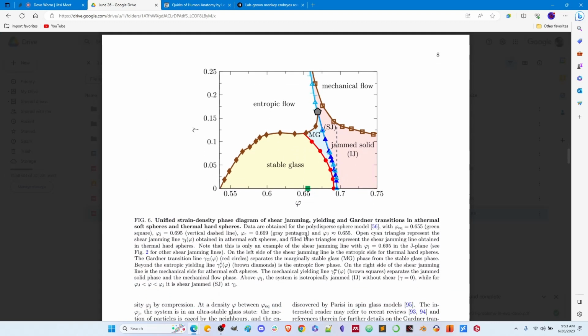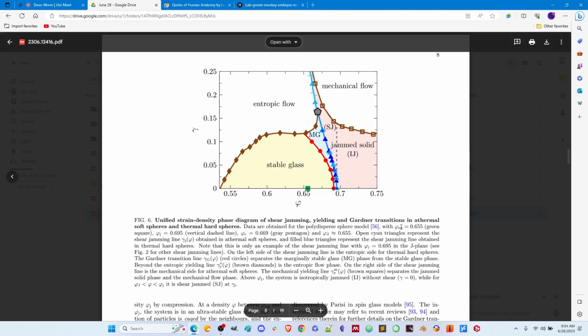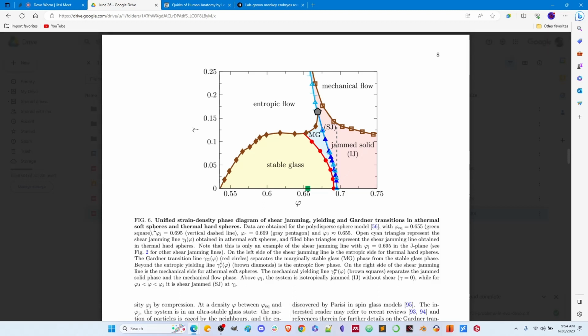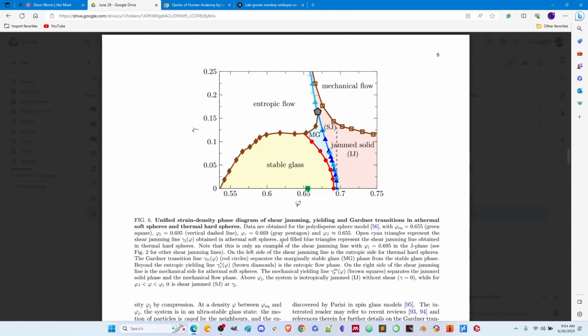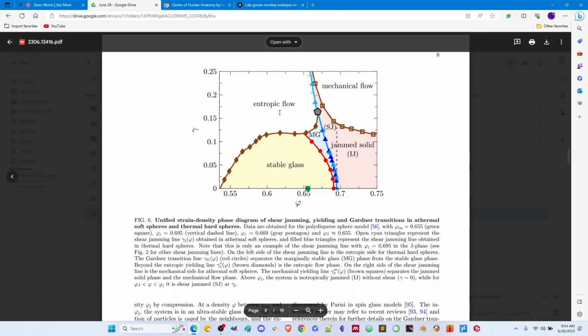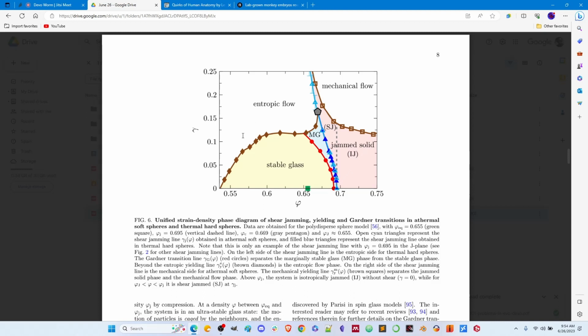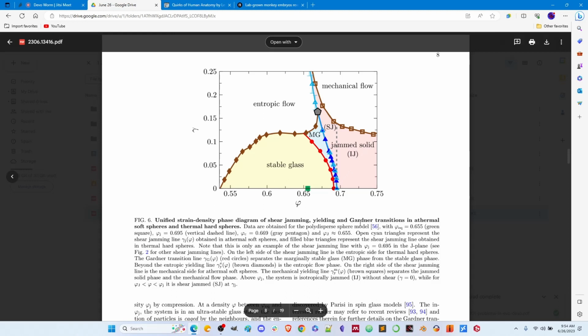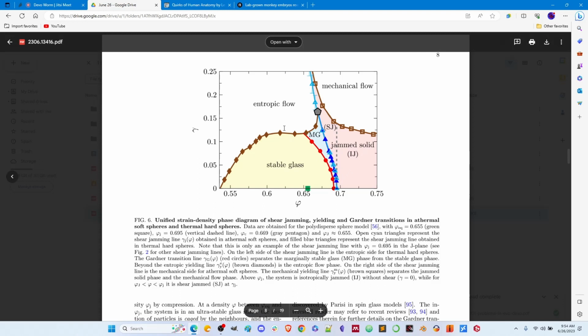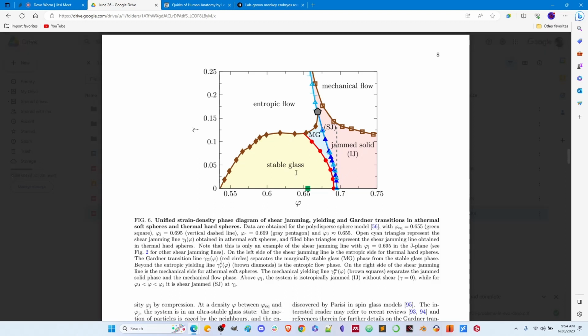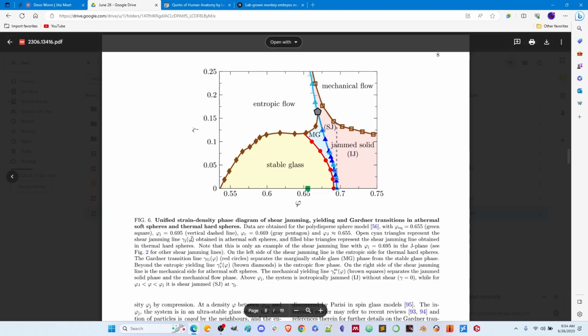So this is a unified strain density phase diagram of shear jamming, yielding, and what they call Gardner transitions in athermal soft spheres and thermal hard spheres. The stress strain curves we saw in the last figure translate into this phase diagram. If you compare them across the range of values, you get different regions that have different properties.